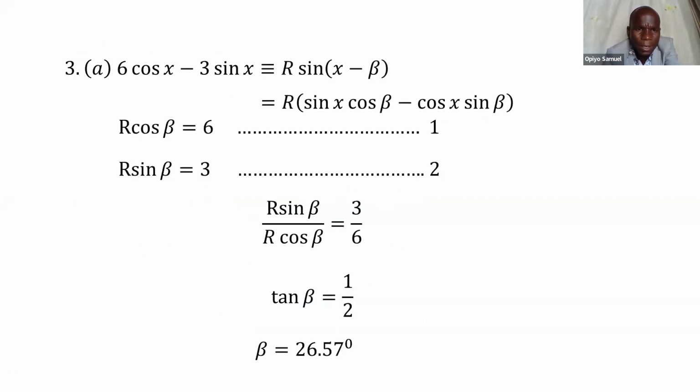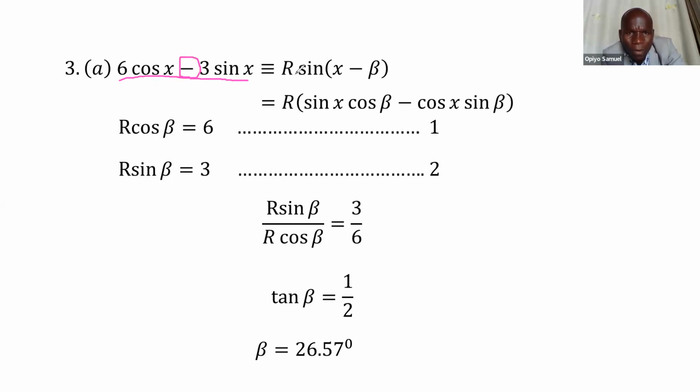So number 3. Now, to get the maximum, we need to express this function in the other form. And now that this is negative between cos and sine here, this part is negative.